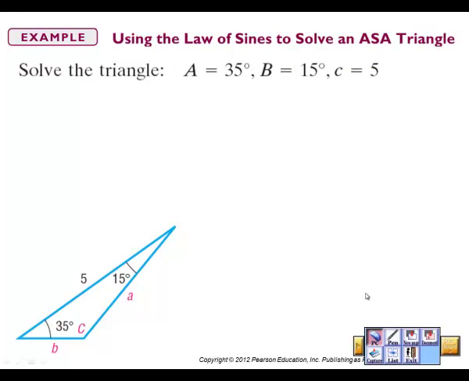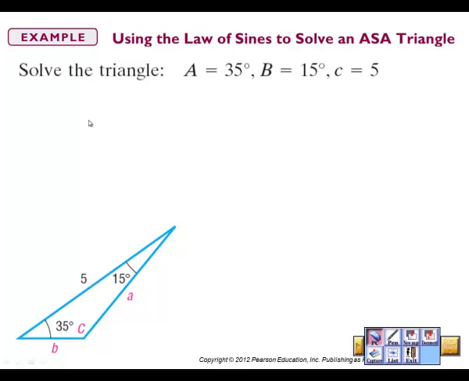Okay, now this is an obtuse triangle here, and you want to ask yourself, can I use the law of sines here? And the answer to that is yes, we can.